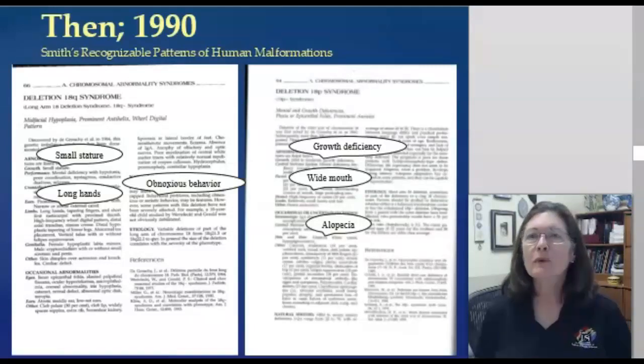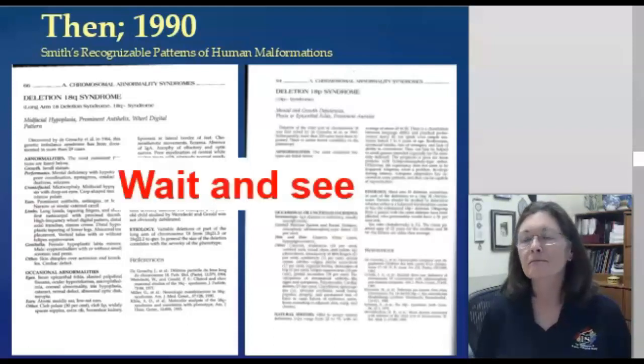When we think about how this began in 1990 when we began this quest, this was the kind of information that was out there on chromosome 18 abnormalities. It was very observational: growth deficiency, obnoxious behavior, long hands, etc. And the management part was really wait and see.